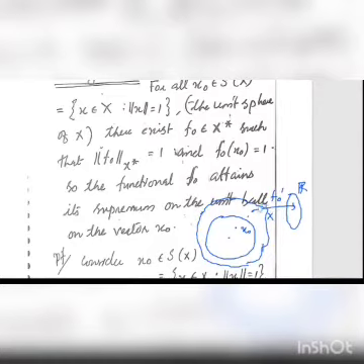Now this f naught belongs to x star such that norm of f naught in x star equal to 1 and f naught of x naught equal to 1. So we want to prove that first thing is norm of f naught in x star equal to 1 and further is f naught of x naught equal to 1.